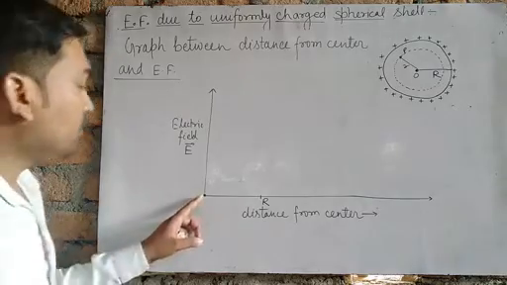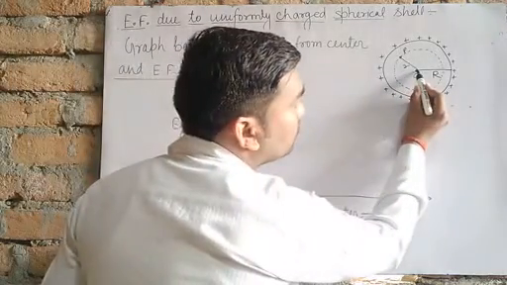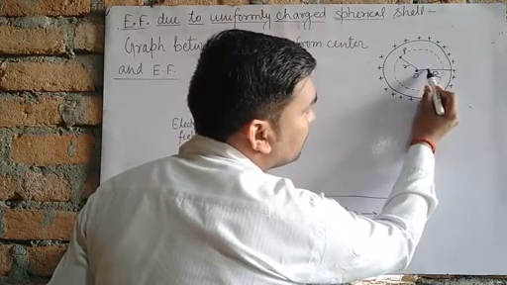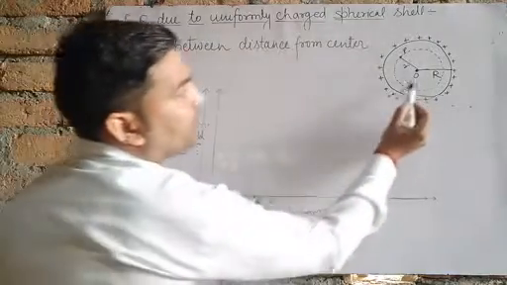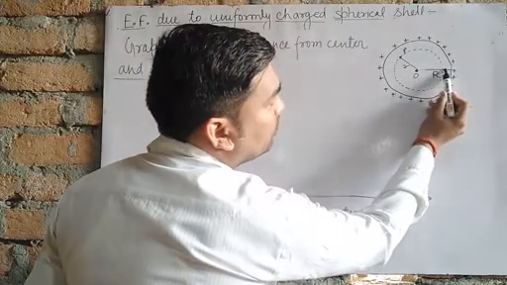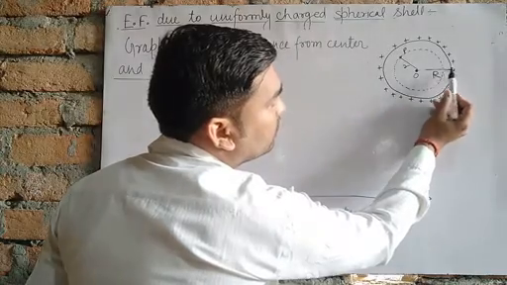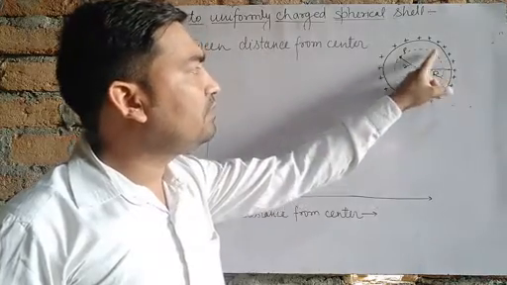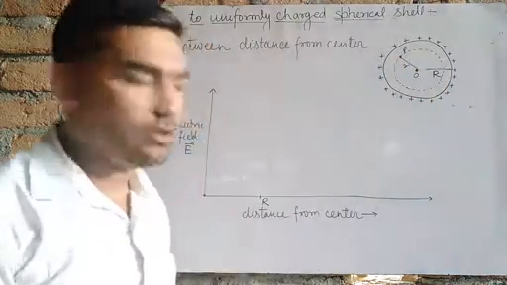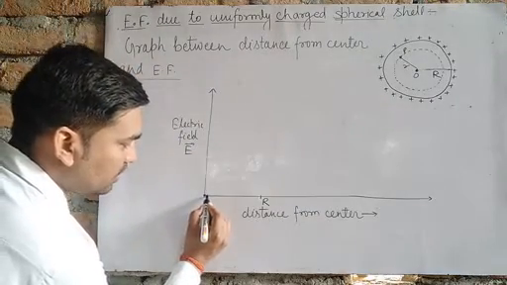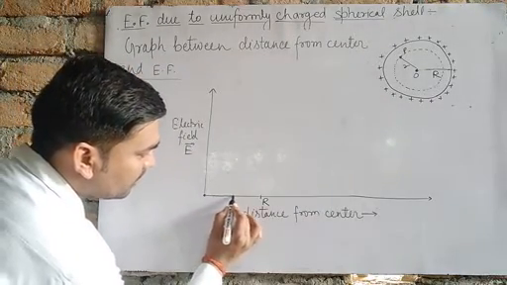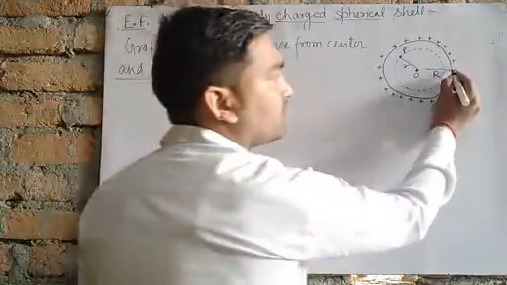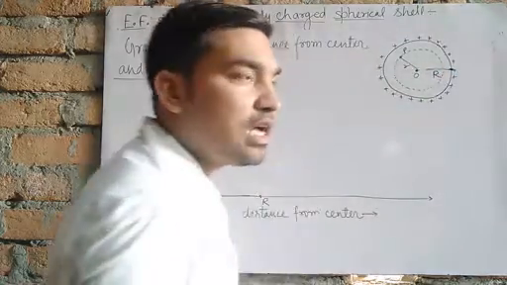When we go away from the center, the electric field must be zero up to the surface. Just before the surface, the electric field inside the whole spherical shell must be zero, so the graph lies over the x-axis.